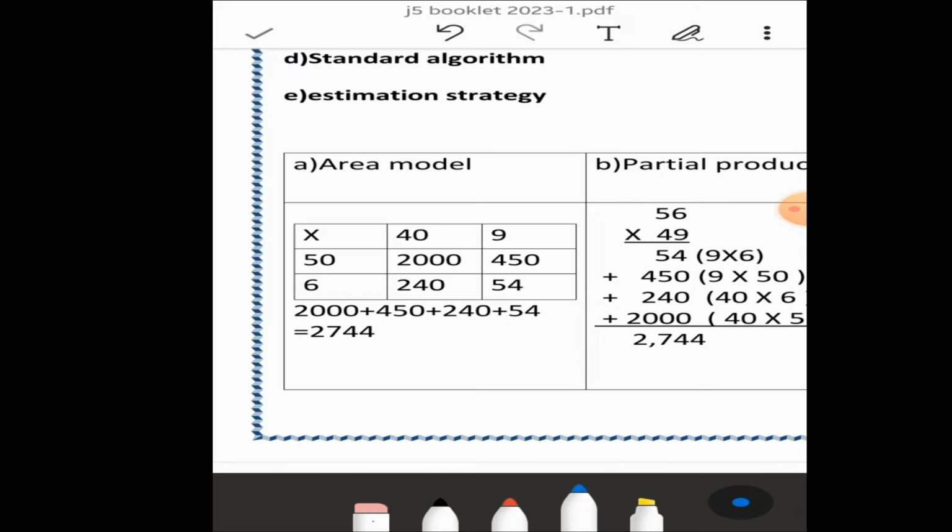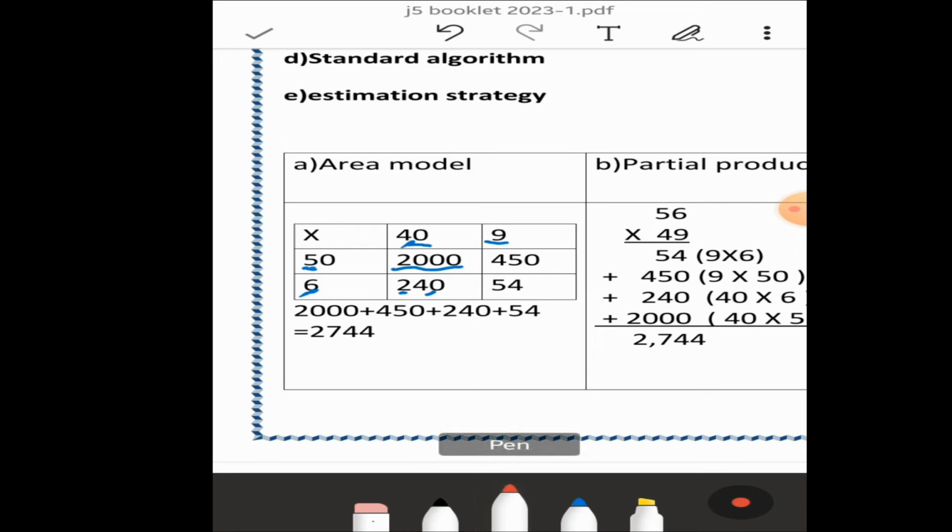we say that 49, as we decompose it, will be 40 and 9. And 56 will be 50 and 6. So we will multiply 40 times 50 at first and write the answer here, which is 2000. And 40 times 6 will be 240.